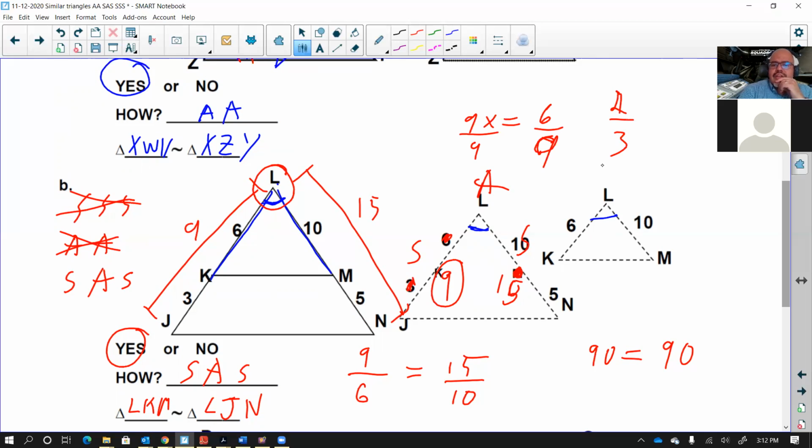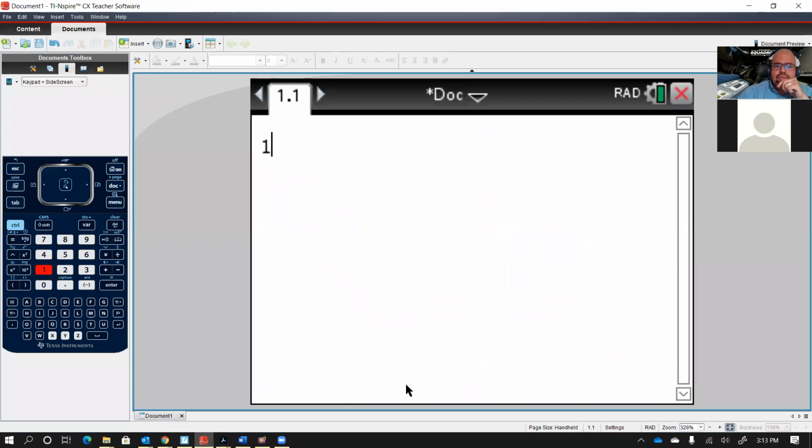So if you take 15 and multiply that by 2/3, you get 10 automatically. Let's see, 15 times 2/3, 10. So it's a scale factor.